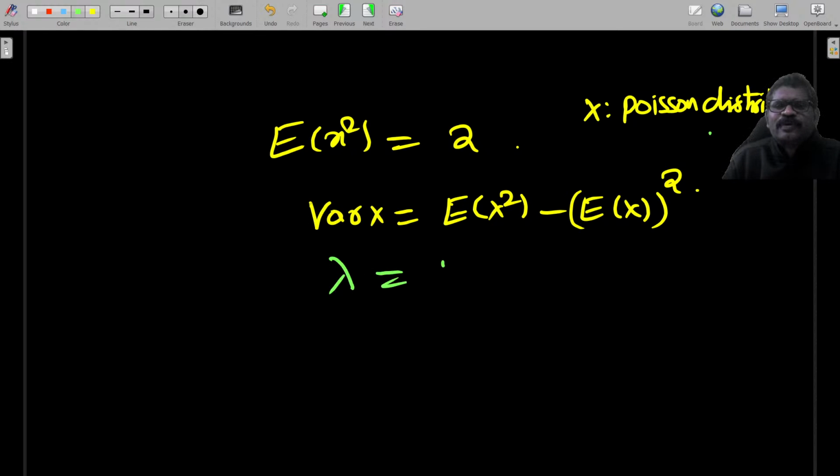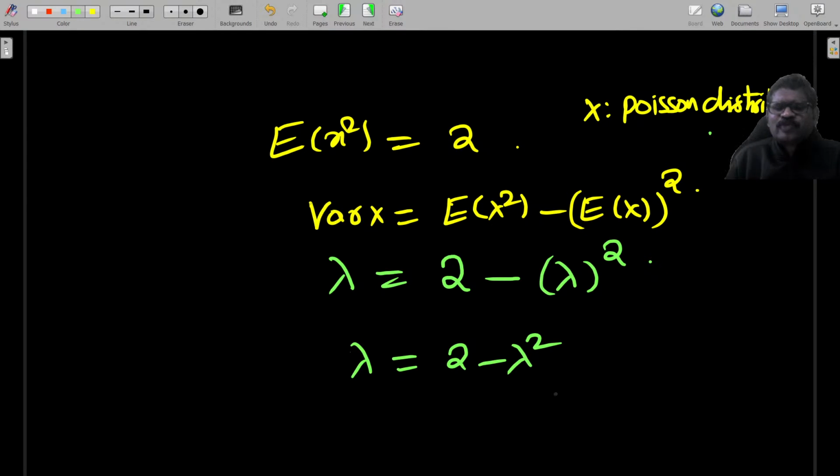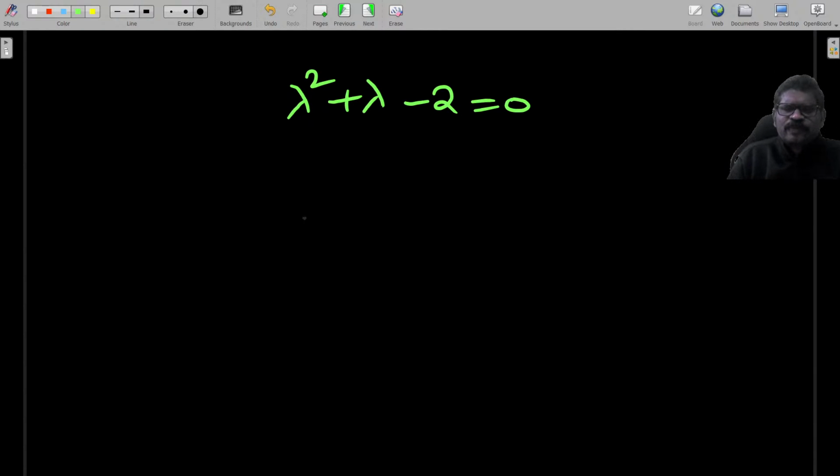So lambda is equal to expectation of x square, which is 2, given in the data, minus expectation of x whole square, which is lambda square. So lambda is equal to 2 minus lambda square, that is lambda square plus lambda minus 2 equal to 0.